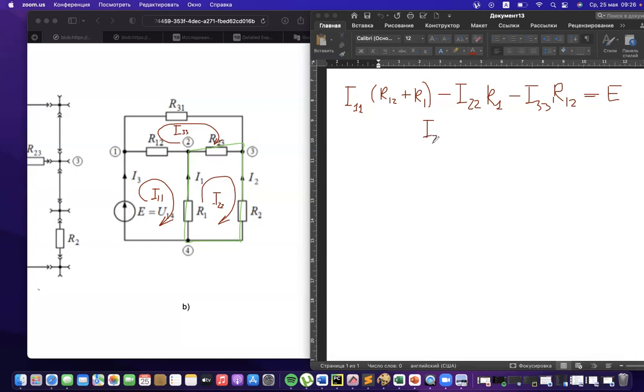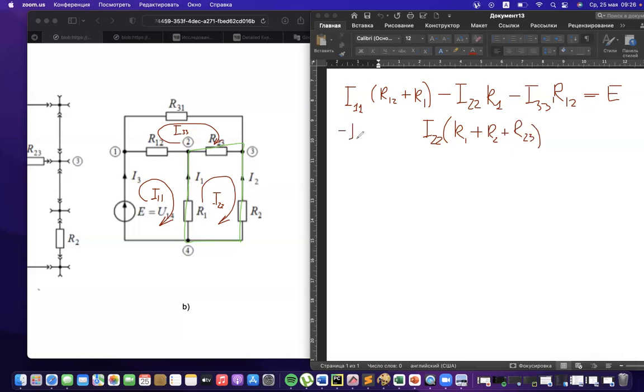You could point it. It should be also with plus. The internal current will always be with plus. You are multiplying by all 3 resistors, all that you have inside this mesh, R1, R2, and R23. And also external currents with negative sign because they are also flowing in the opposite direction compared with the internal current.